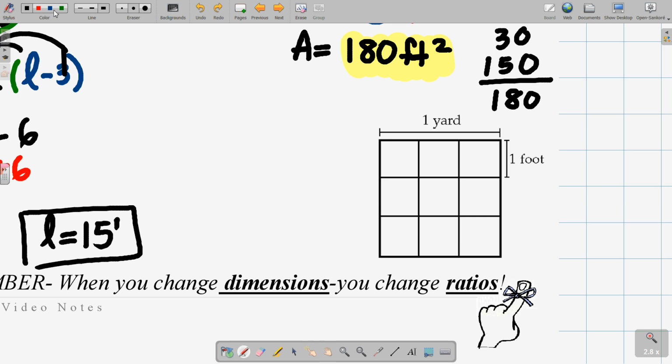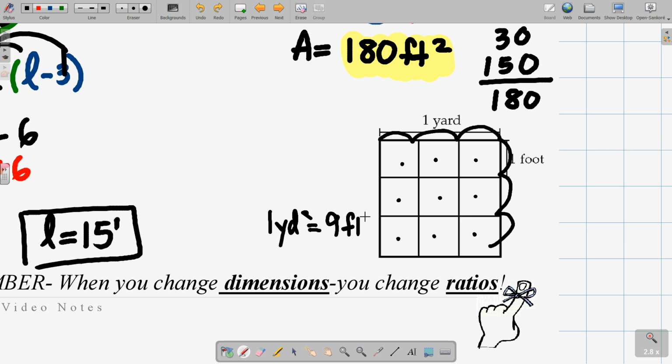So a square yard is 3 feet by 3 feet. So 1 yard squared actually is 1, 2, 3, 4, 5, 6, 7, 8, 9. 1 yard squared is actually 9 feet squared.